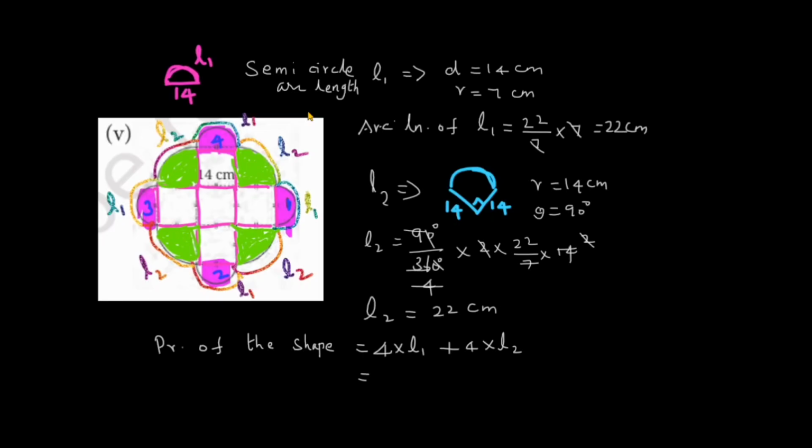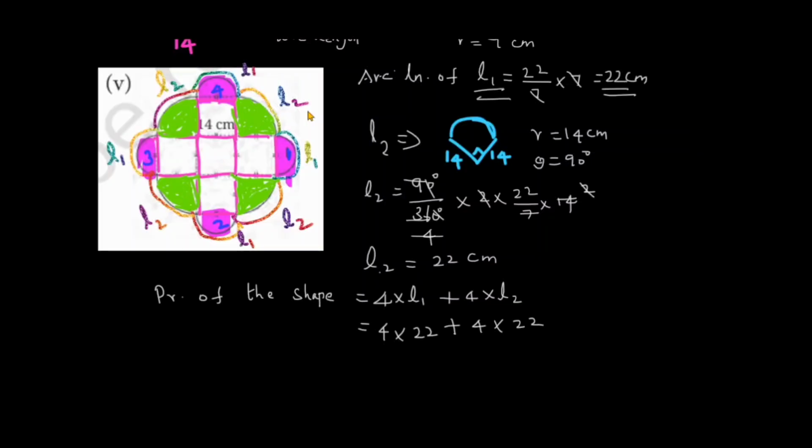So we got our L1 answer as 22. So here you can have L1 22 centimeter and L2 also 22 centimeter. 4 times 22, 88. Now 88 centimeter plus 88 centimeter, 176 centimeter. So perimeter of the given shape is nothing but 176 centimeters.